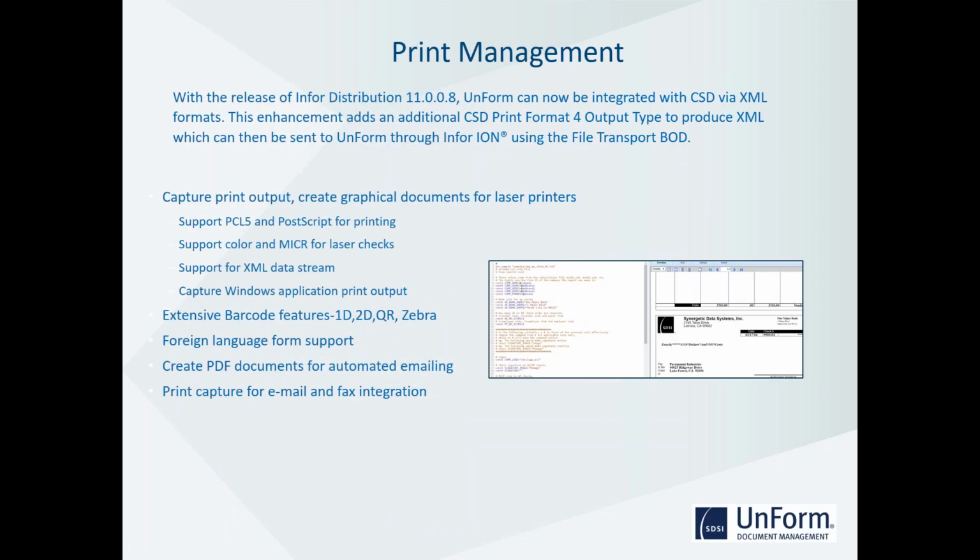A lot of you are already using our print management tool, and we're very excited that we can now, if you move into a cloud suite, they have added UnForm has added a format 4 output type that produces XML data that can then be delivered via the ION transport pod to UnForm for formatting.